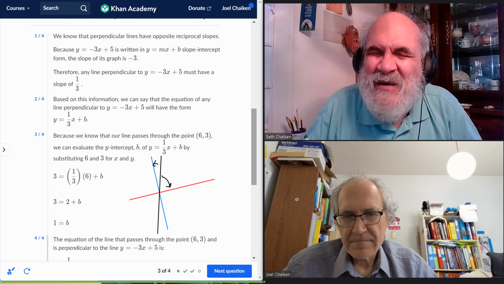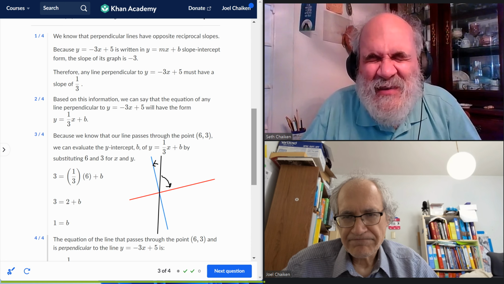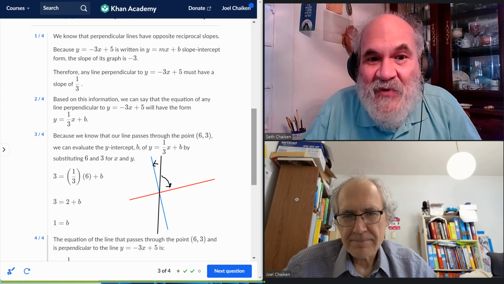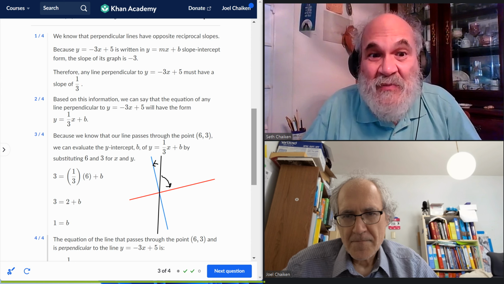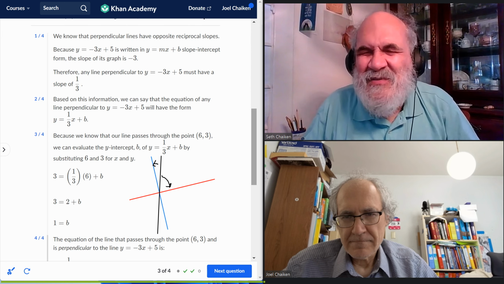One is positive and the other is negative. So I know for one thing, from this picture, the slope of one line compared with the perpendicular: one is positive and the other is negative.